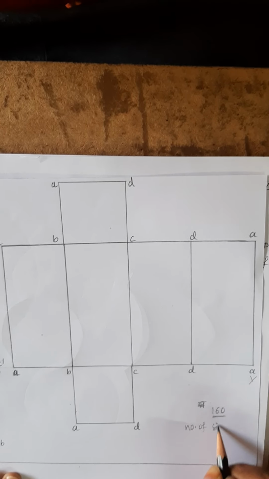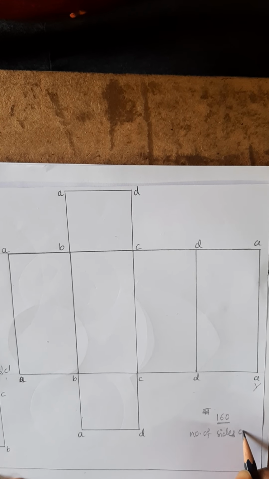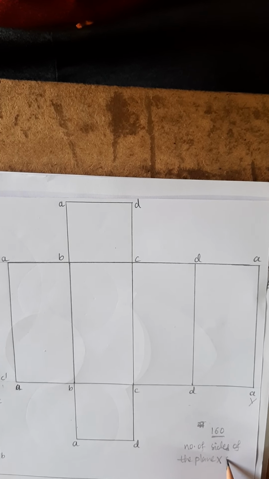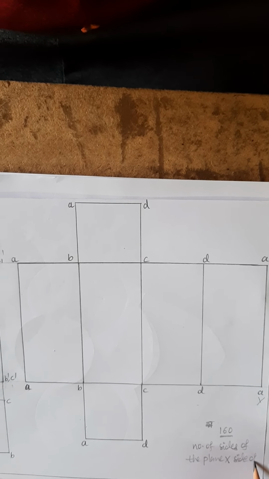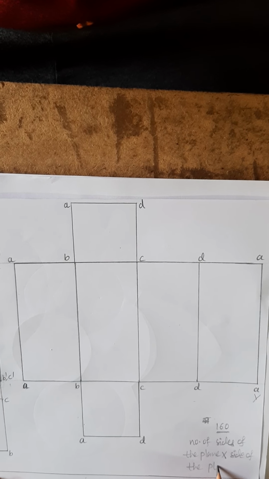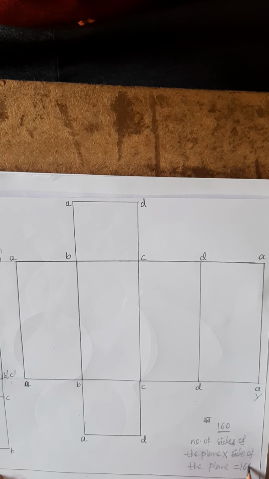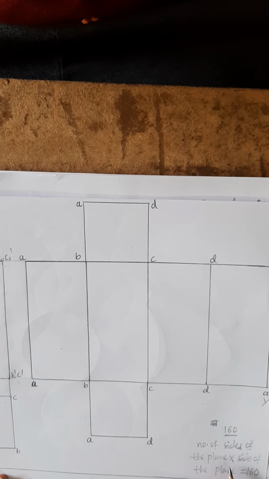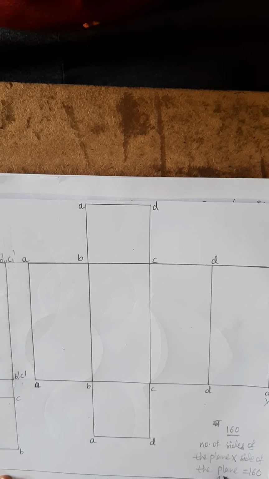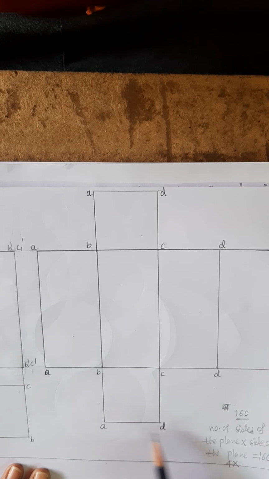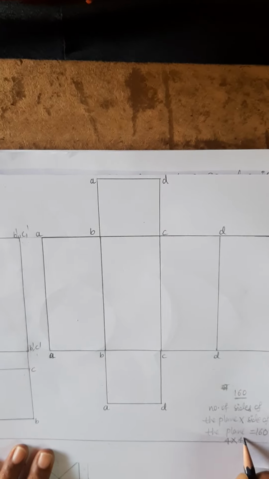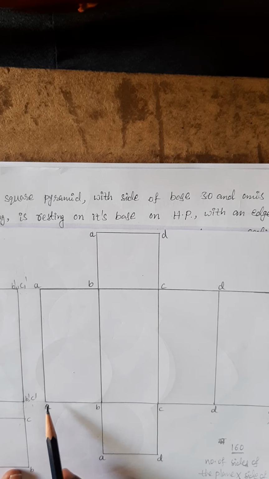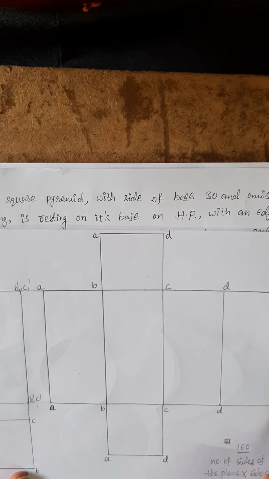Number of sides of the plane into side of the plane is equal to 160. The number of sides of the square is 4, so 4 into the base side of 40, so 4 into 40 equals 160. So we get a line length of 160.